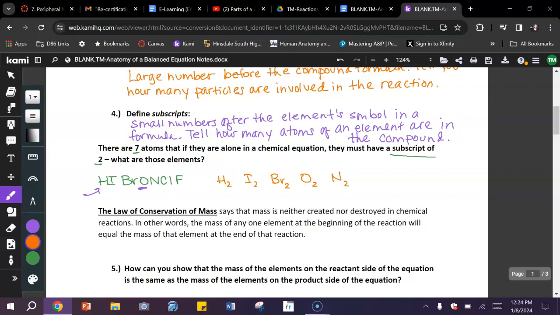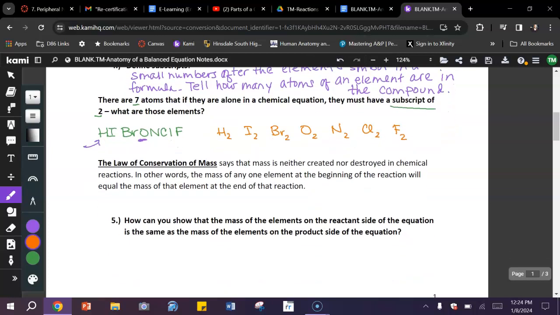Pure nitrogen is N2. I just can't have an N standing by itself. It needs to have a buddy. It needs to have 2 of them, or they need to be combined with other elements in a compound. Chlorine, which is Cl, needs to have a subscript of 2, and then F also needs to have a subscript of 2. And so just keep this in mind, that there is a rule with some elements that cannot stand alone.